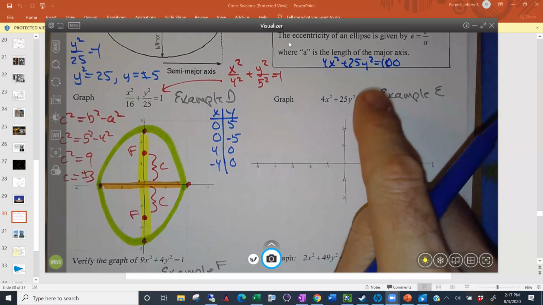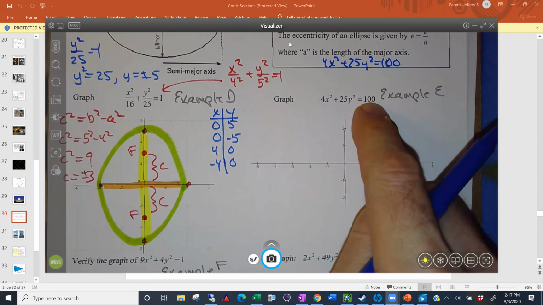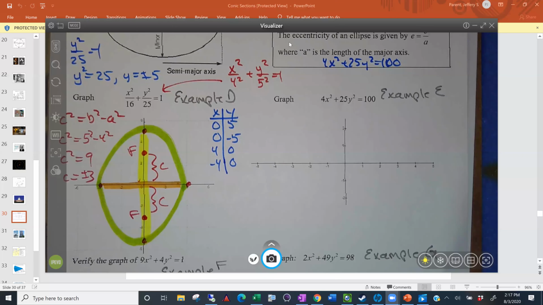Because I want to get a 1 on the right-hand side, one way to do that is to divide everything through by 100. And that'll give me x squared over 25, which I can then write as x squared over 5 squared.